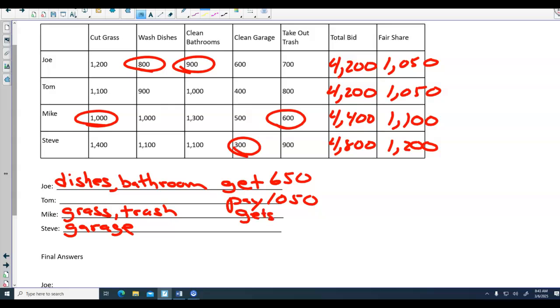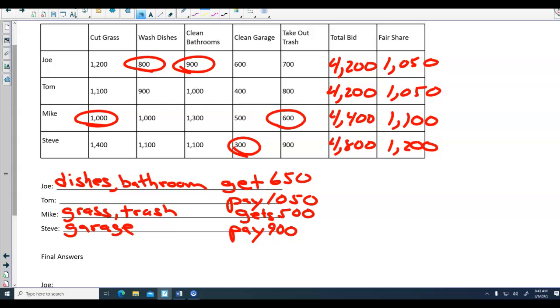He gets $500. And then Steve's job is less than his fair share, so he pays out the difference. That's the big change from jobs to items. More than the fair share with a job, you get that difference. Less than the fair share, you don't do a job, you pay that difference.